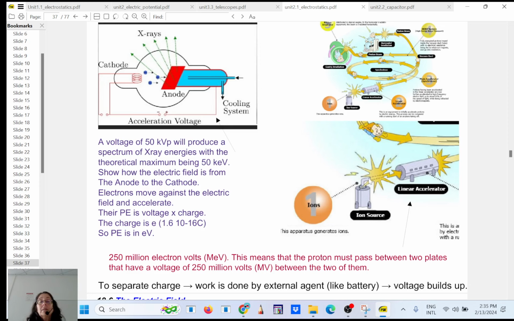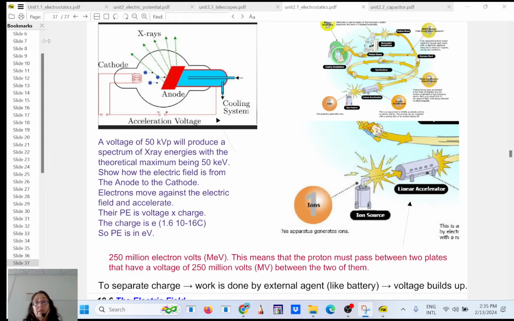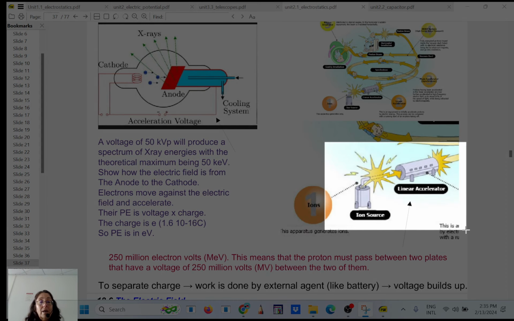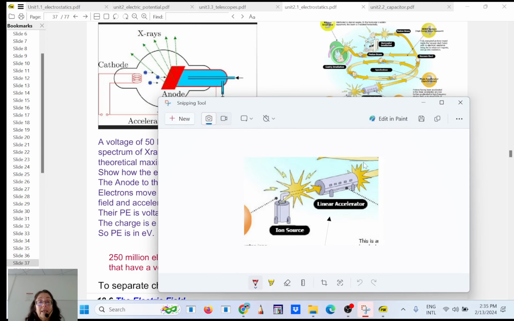So a proton, is it positively charged or negatively charged? Positive. Okay, so here you have what is called a linear accelerator. So those will be the little protons that you're going to produce. These are hydrogen nuclei. And here you apply your voltage.